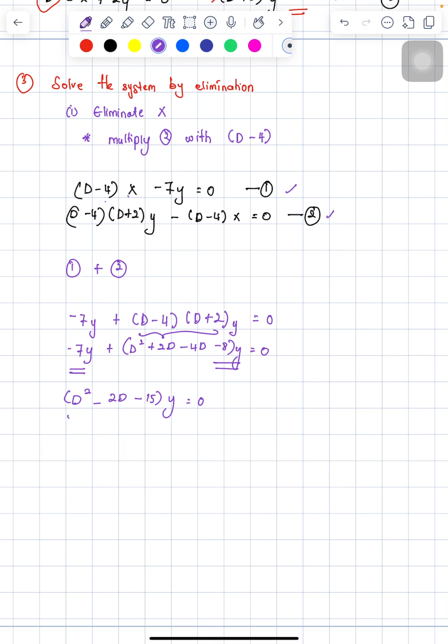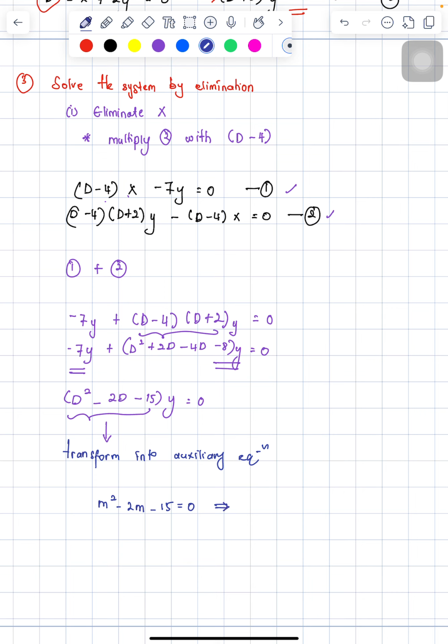Now we have a second order derivative, so we can transform into the auxiliary equation: m squared minus 2m minus 15 equals 0.